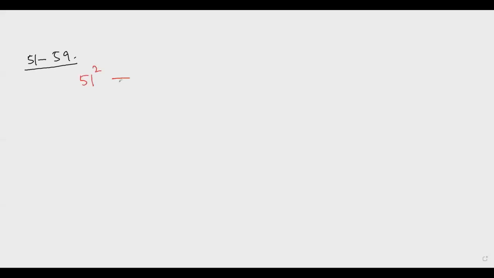Let's say you want to find 51 square. The answer will be 2601. If you want 52 square, the answer will be 2704. If you want to find 53 square, the answer will be 2809.